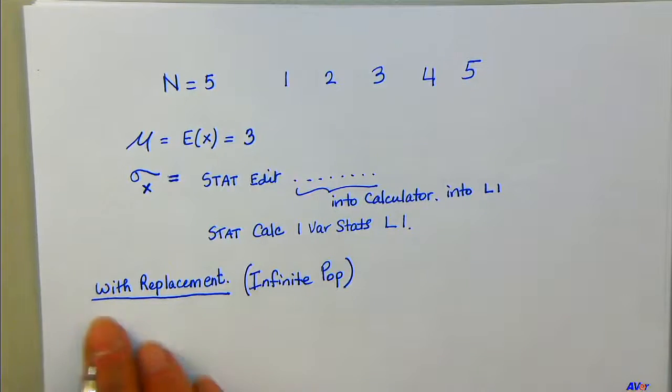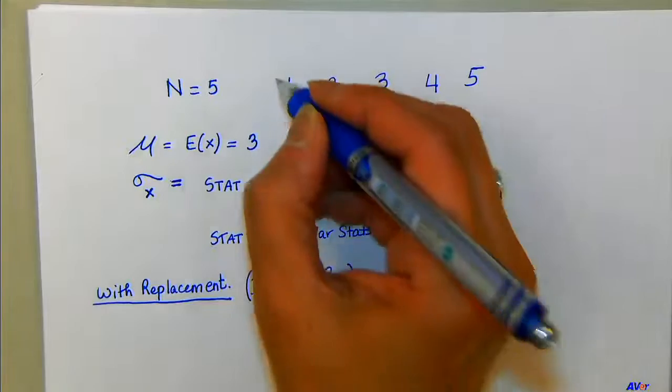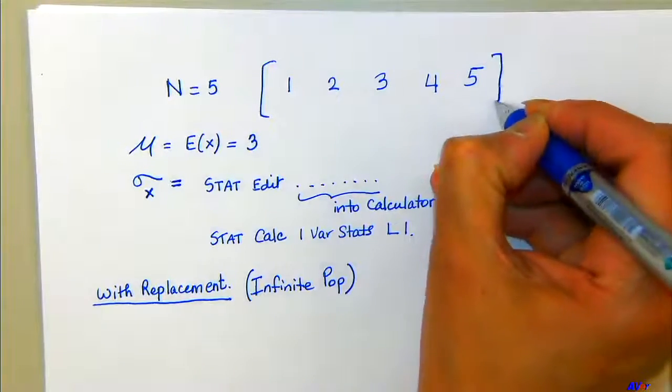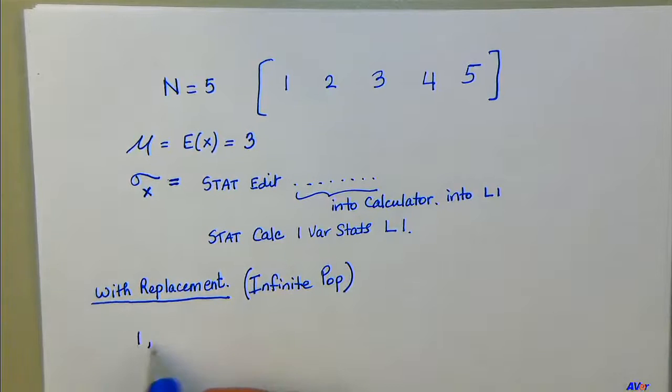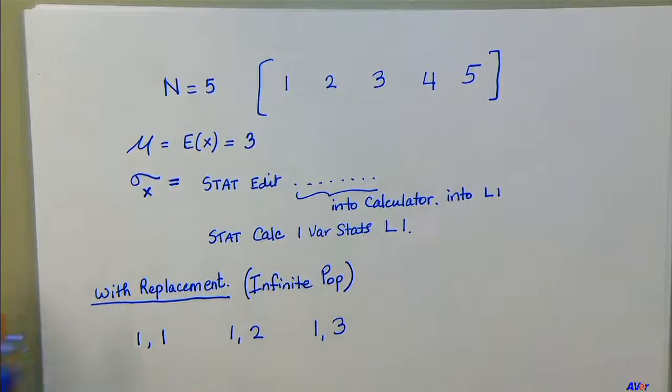So I am going to sample from here, where the values are 1, 2, 3, 4, and 5, with replacement. Can you help me? Samples of size 2. 1, 1. 1, 1 is a possibility because the first one is being replaced. Next one, 1, 2. 1, 3. So I kind of set you up.